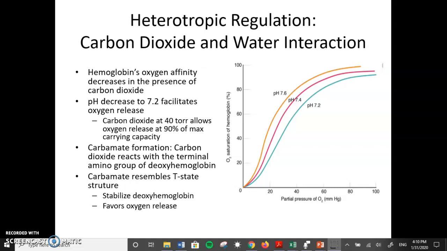So that is how oxygen will be further released, and that is the effect of pH on the capillaries, that oxygen will be released there and that there's a lower affinity for oxygen when there is carbon dioxide present.